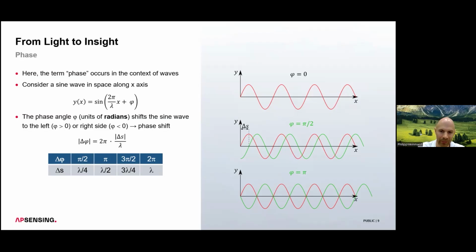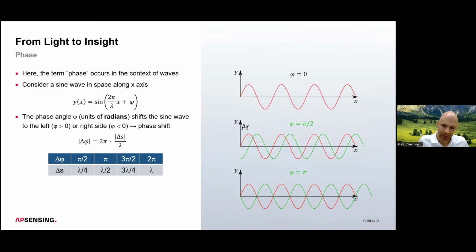And you see that now there is some spatial shift between the two sine functions, which I have labeled here as delta S. And this delta S depends on the phase, so you can see the linear relation between the phase shift and the spatial shift in the second equation on the left side.